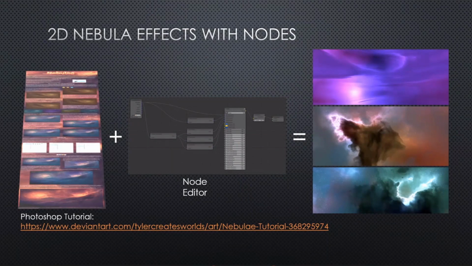that really interested me as well, because at the time I was quite obsessed by a lot of Photoshop tutorials that created a lot of impressive nebula effects. There was one tutorial I've checked, it's still around actually, it's on DeviantArt, I've got the link down there, that went through a Photoshop 2D process of creating a nebula effect.